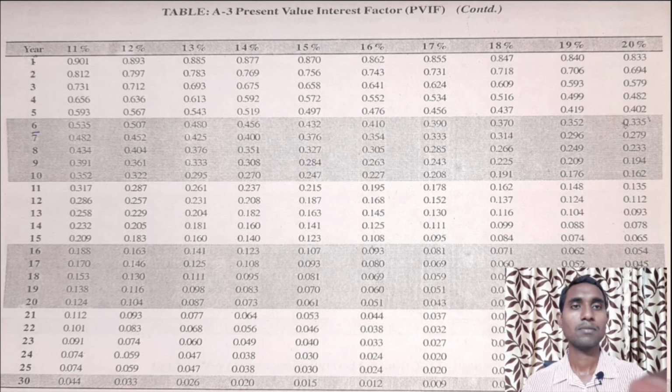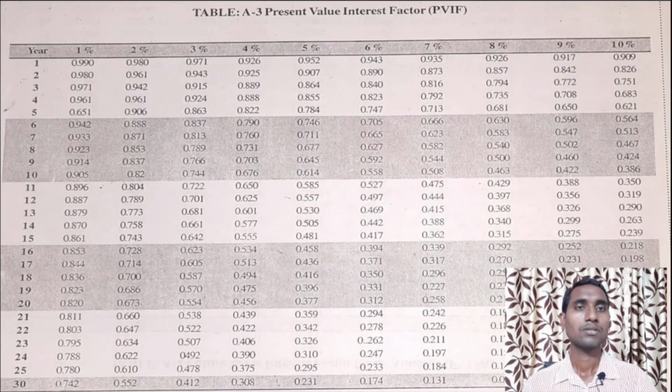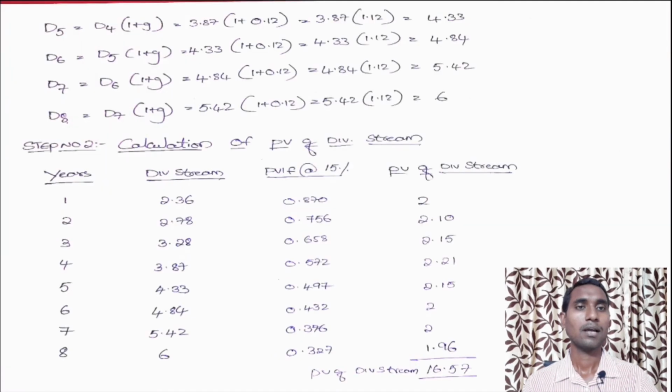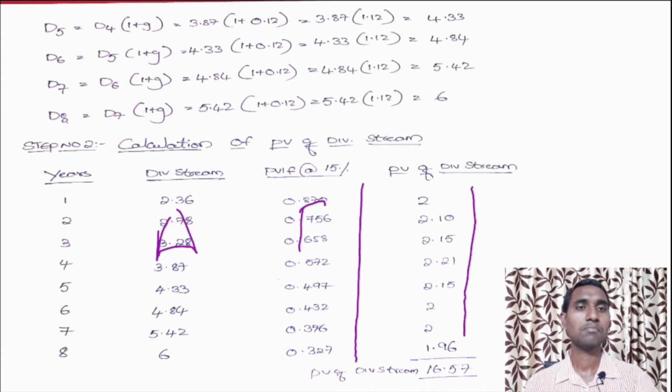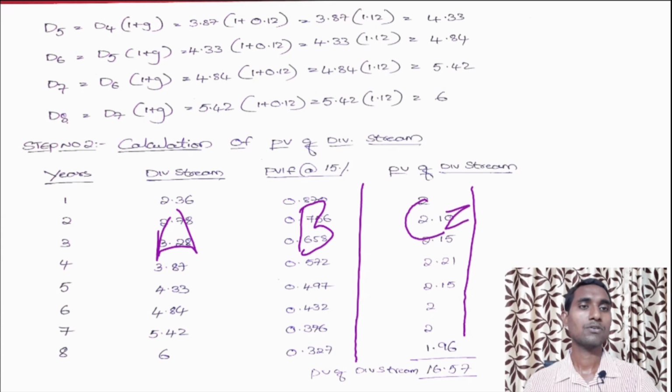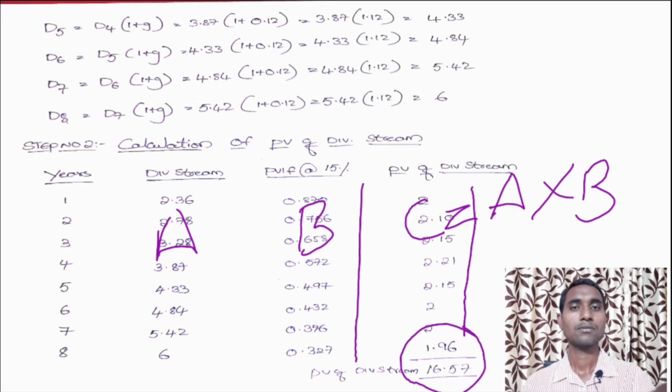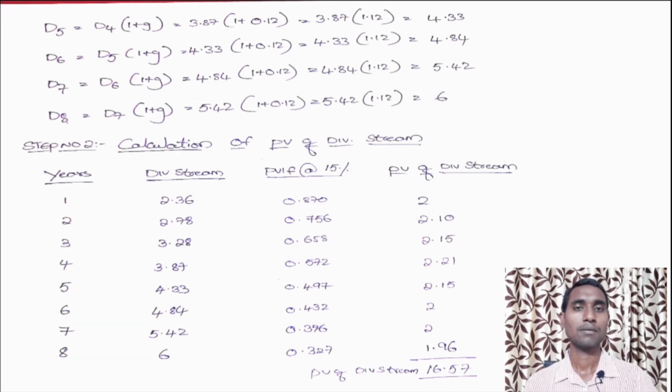So these are my table values, and the same thing I have recorded here. After which I have found this PV of dividend stream. This is A, this is B, this is C, which is equal to A into B. Then I have made a total of it. So there ends the second step.